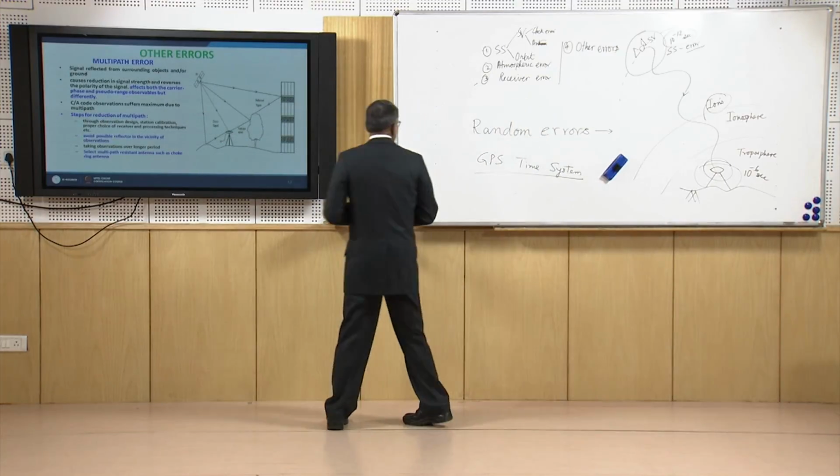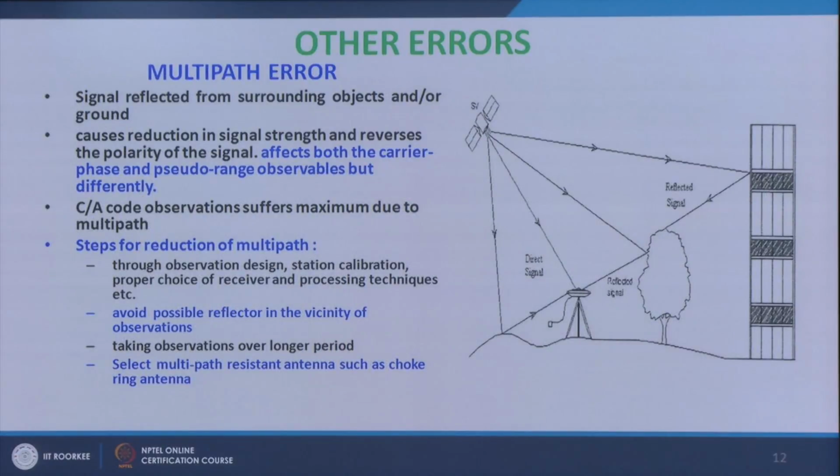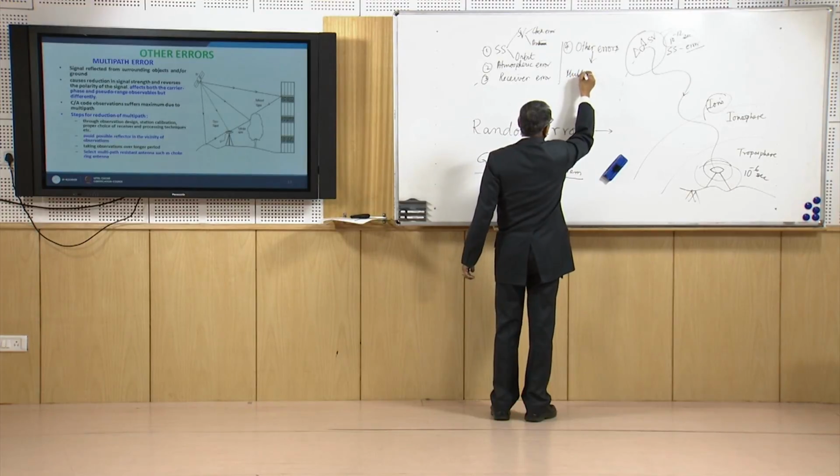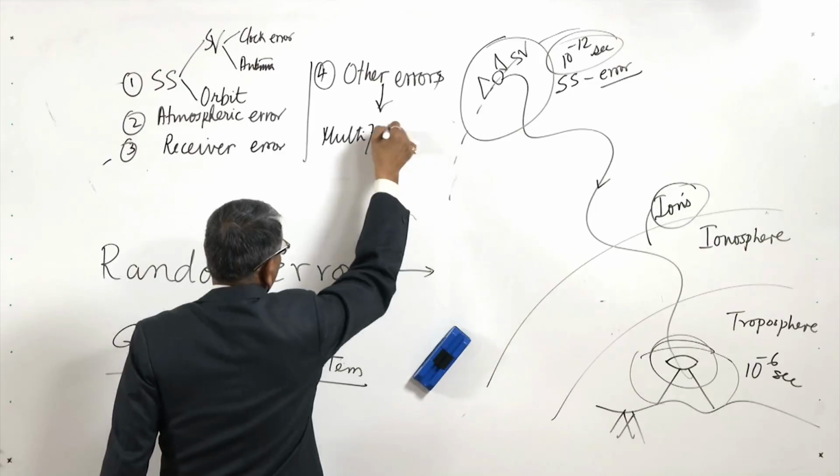Among the other types of error, there are two errors which are very prominent. The first is called multipath error.